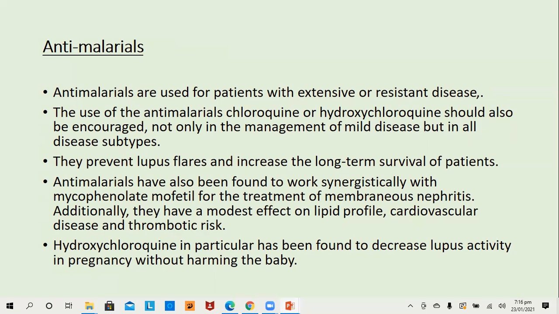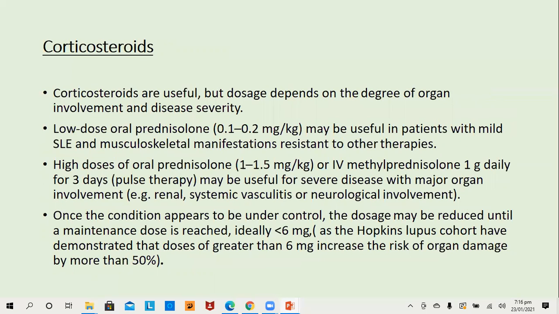Hydroxychloroquine particularly has been found to decrease lupus activity in pregnancy without harming the babies. Then come the corticosteroids. The corticosteroids are useful, but dosage depends on the degree of organ involvement and the disease severity.